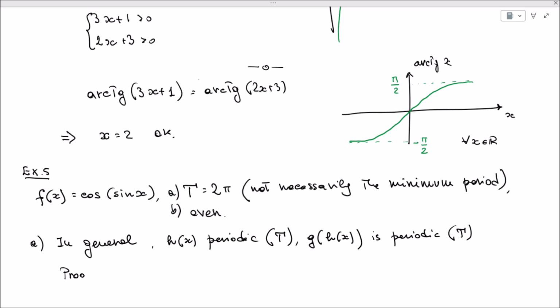I want to prove this now. So the proof is that we should evaluate g of h of x plus capital T, okay?